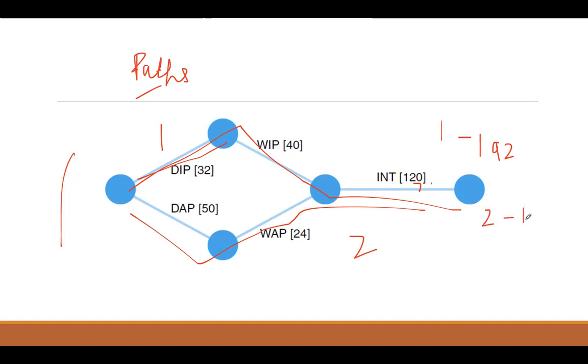The path which is taking more time, the longest path, becomes your critical path for that particular project. The activities that fall on this path are known as critical activities that cannot be delayed, right? So this is how you do the calculation.